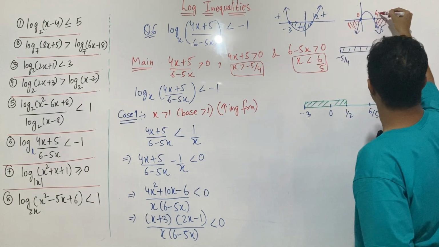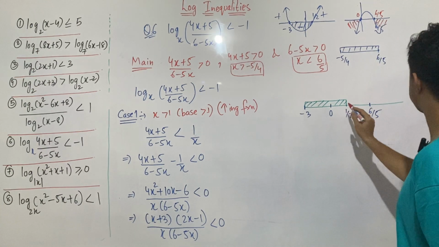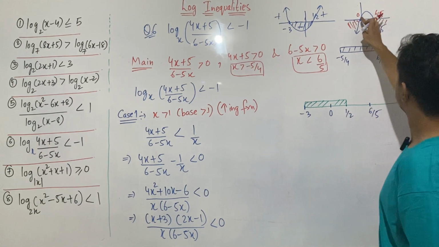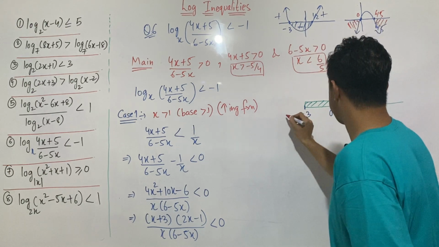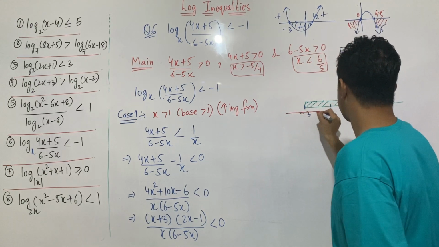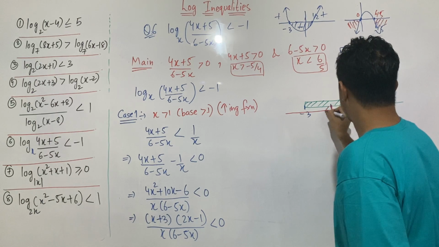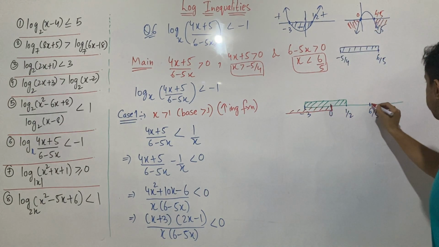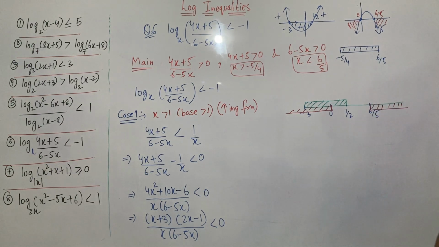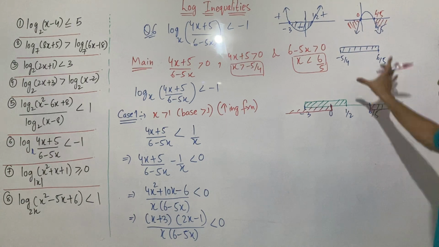So from 0 to minus infinity means this region. The value is negative. And here from 6 by 5 to infinity. Okay, now we got this.